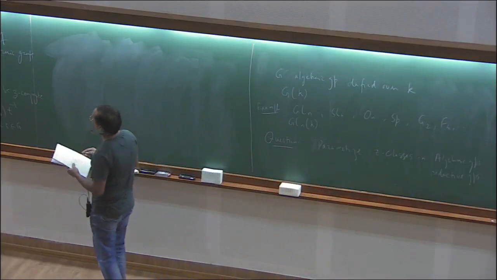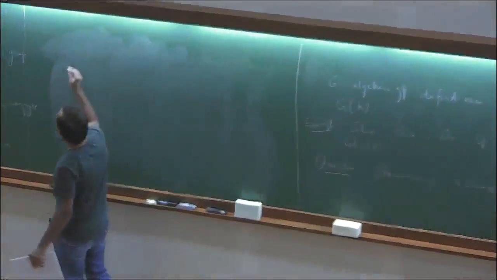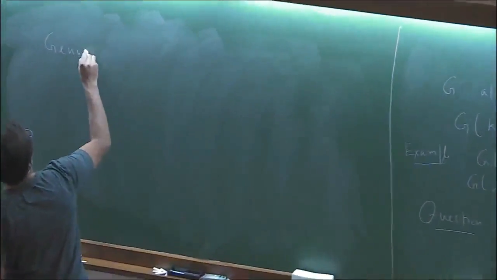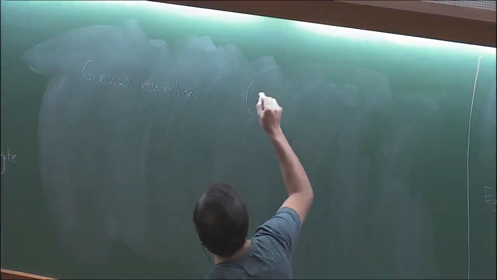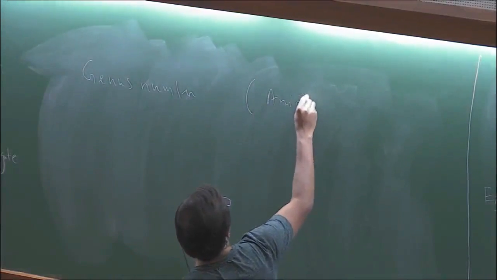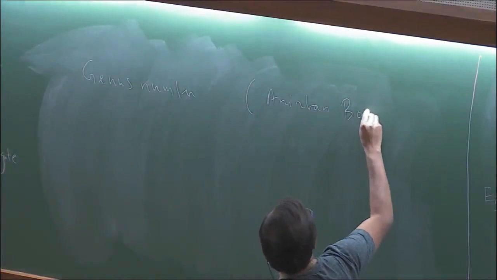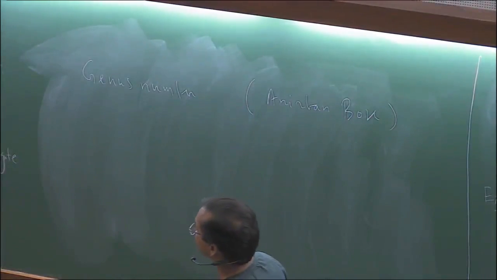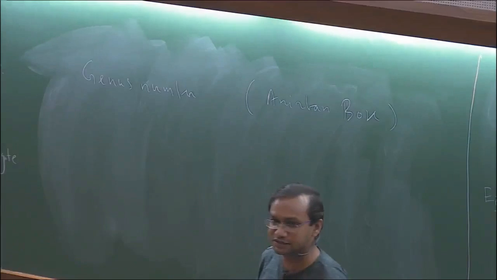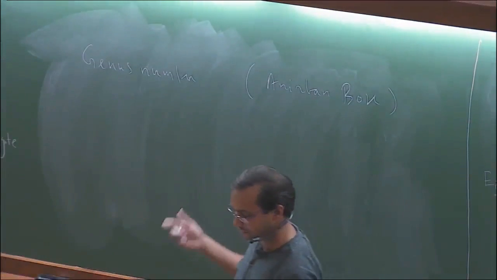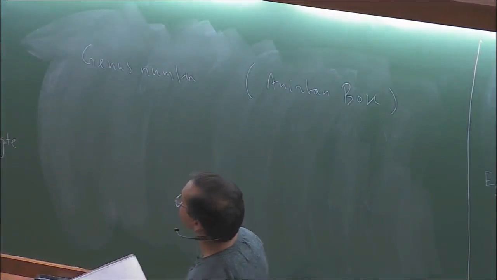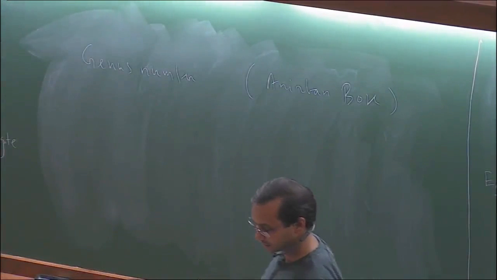Related work I want to mention, maybe you have seen the posters already: genus number. There is a poster by Anupam. Genus number is essentially G classes; it's just a term used in Lie theory.